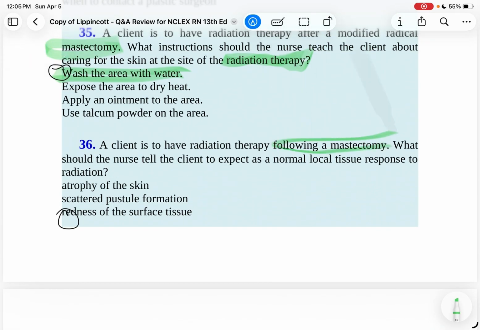The client is to have radiation therapy following a mastectomy. What should the nurse tell the client to expect as a normal local tissue response to radiation?